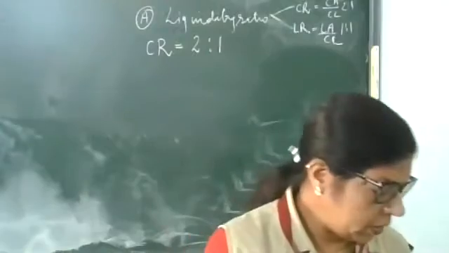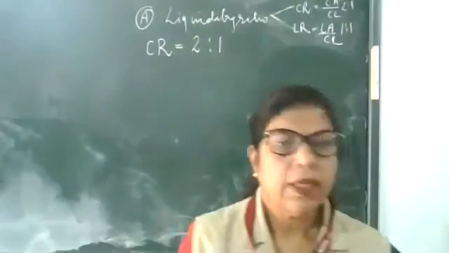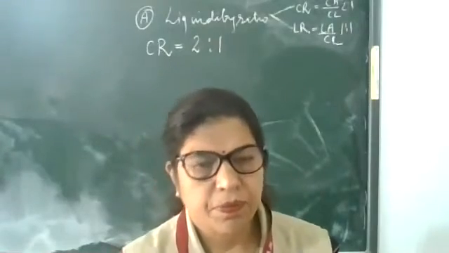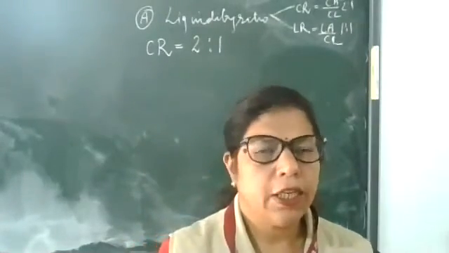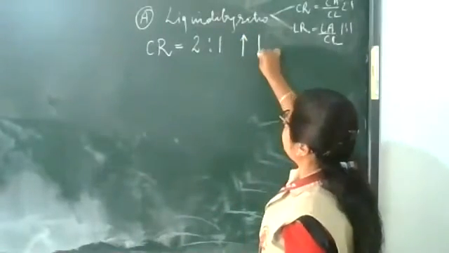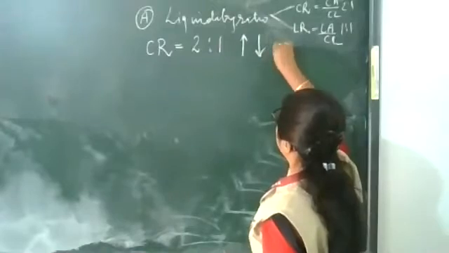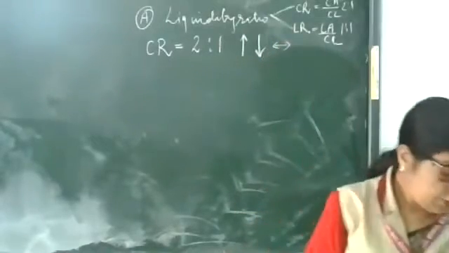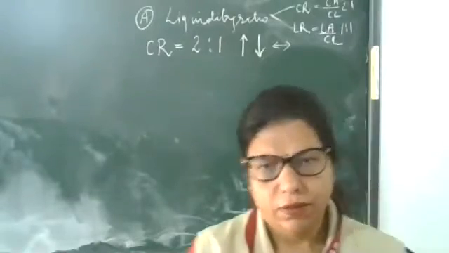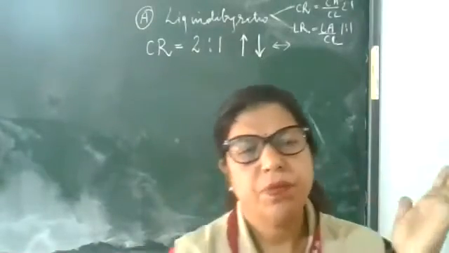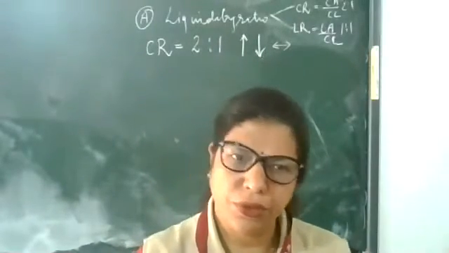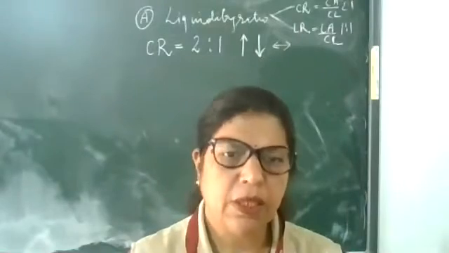Now the question is, state with reasons whether the ratio will improve, decrease, or no change. Improve means increase, decrease means reduce, or no change means the ratio will be the same.